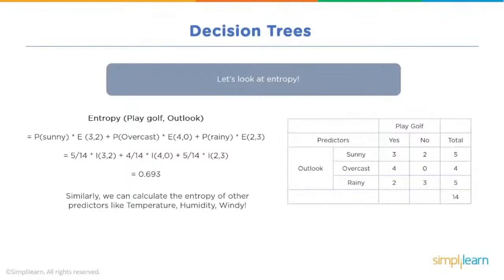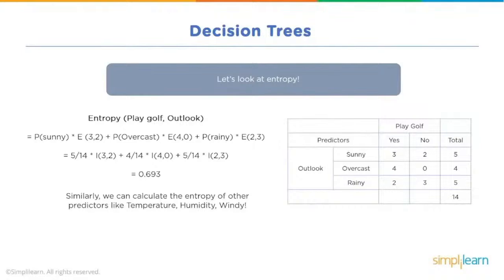Just like we calculated the entropy for the whole set, we can also calculate entropy for playing golf and the outlook. Is it going to be overcast or rainy or sunny? When we look at the entropy, we have P of sunny times I of 3, 2. That comes out to how many sunny days yes and how many sunny days no, over the total, which is 5. Don't forget we'll divide that 5 out later on.